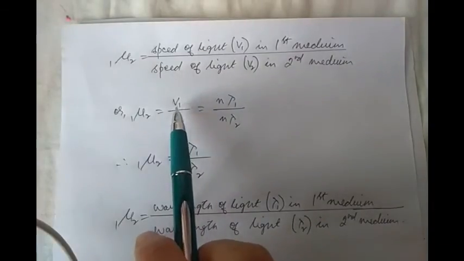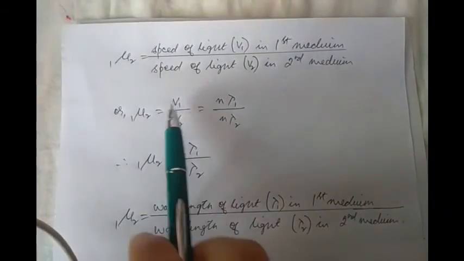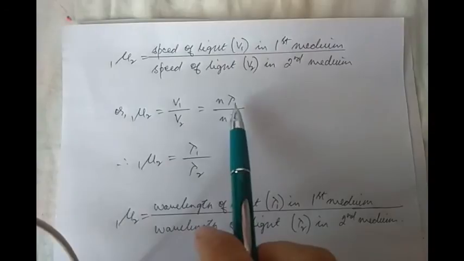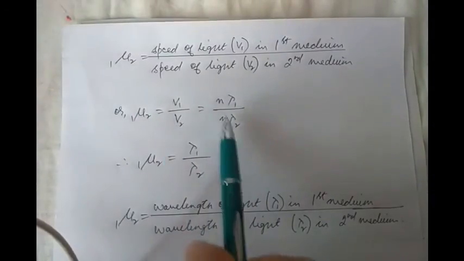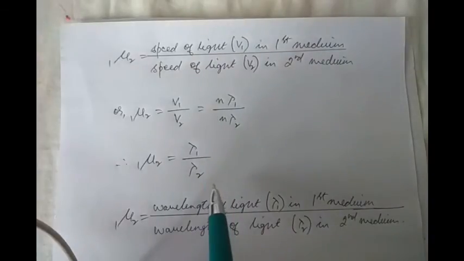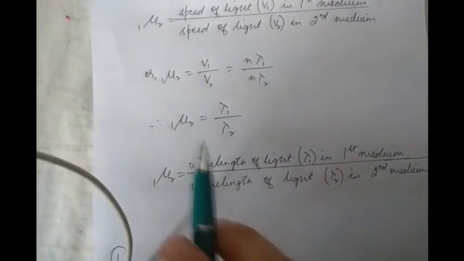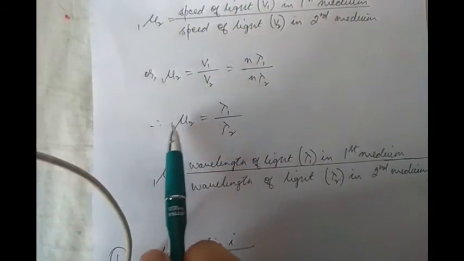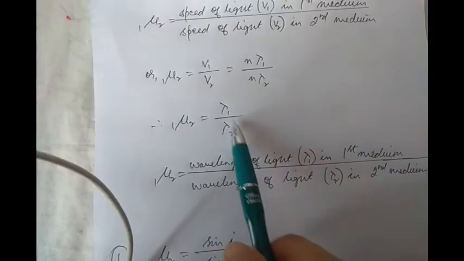Now since velocity is frequency into wavelength, v1 can be written as n into lambda 1, and v2 is n into lambda 2. It's the same light passing from one medium to another, so the frequency doesn't change. So n and n divide each other out, and we get refractive index of the second medium with respect to the first to be equal to lambda 1 upon lambda 2. That is the third definition for refractive index.